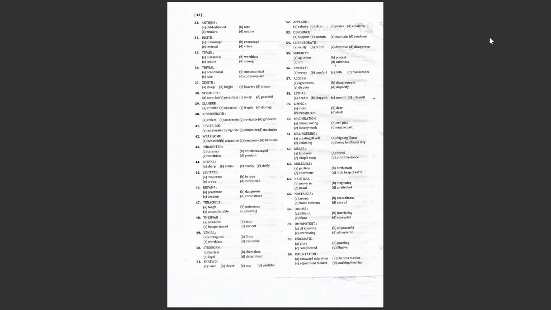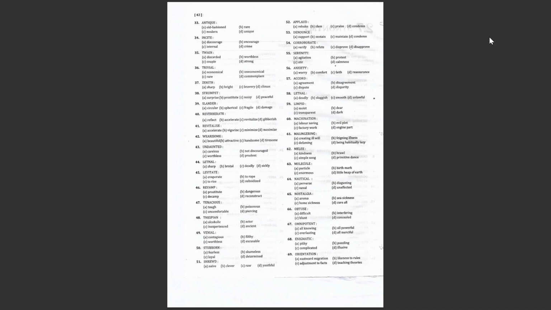That's correct. It's discord. Accord is a positive word, whereas discord is a negative word. Discord means ladai, jhagda, disagreement, dispute, disparity. That is what discord means. Discord, the essential meaning would be dispute, and accord means agreement.